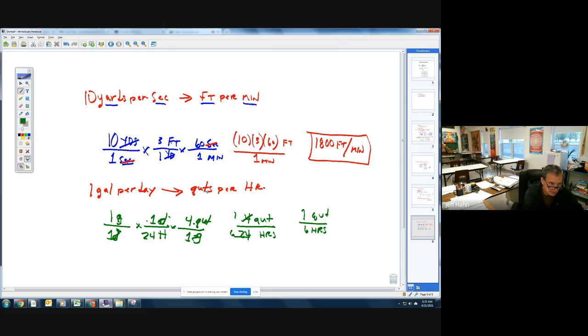Instead of saying 1 quart per 6 hours, we put the fraction here, 1/6. This is 1/6 of a quart per hour. 1/6 of a quart per hour. And that's how we would say that.